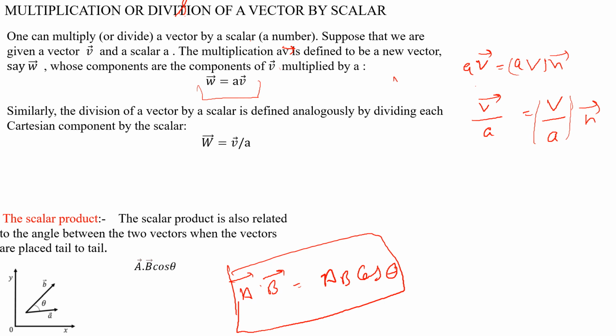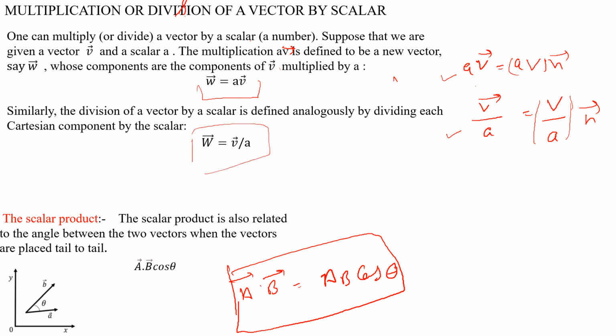We can also write a v vector is equal to a v n vector, and v vector over a is equal to v over a n vector. So in multiplication of a vector by a scalar, the magnitude becomes a times while direction remains the same. In division of a vector by a scalar, the magnitude becomes 1 by a times and direction remains the same.